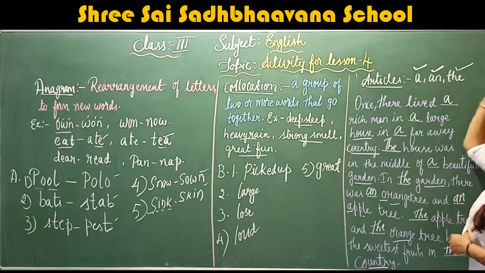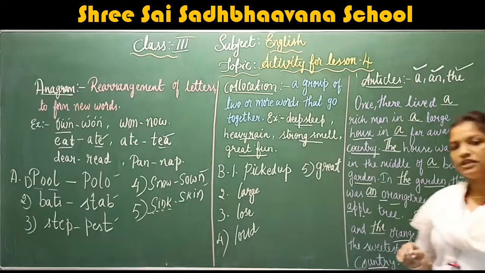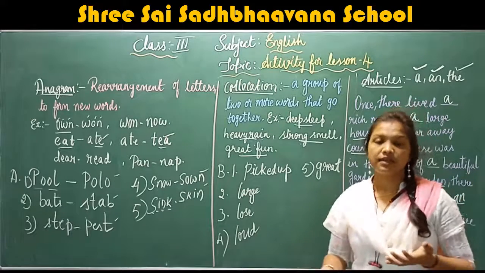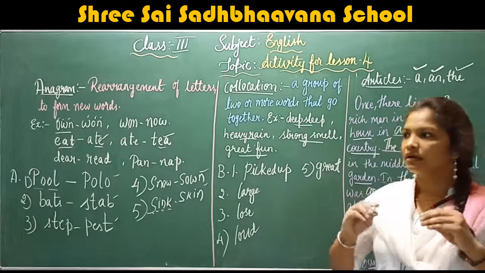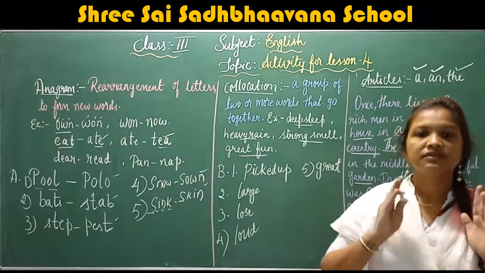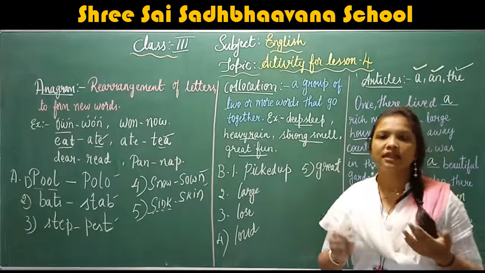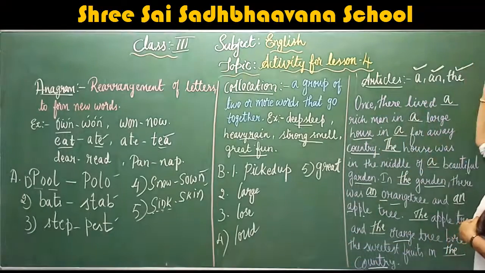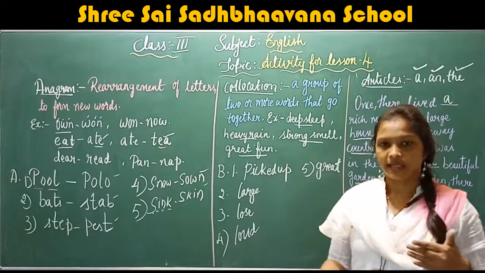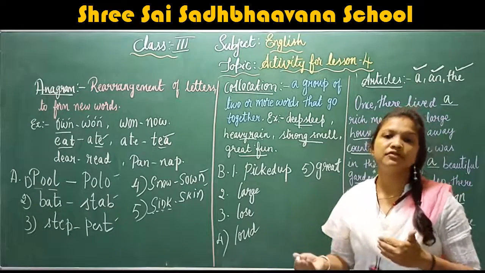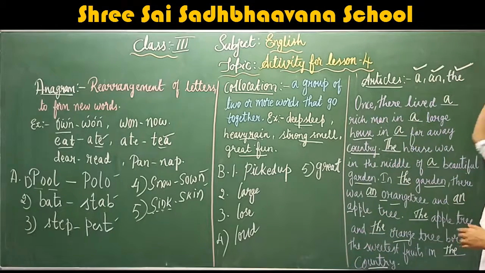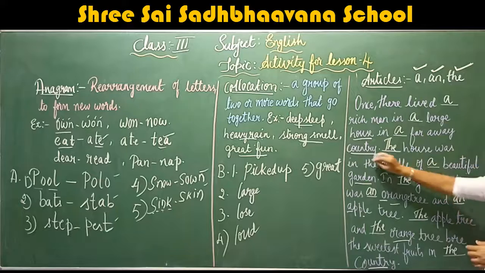When we have to use the article the? The article the is used to specify the name, like the country name. When the thing is only one, only single, then we have to use the article the. And also when the noun is repeating for the second time, then we have to use the article the.